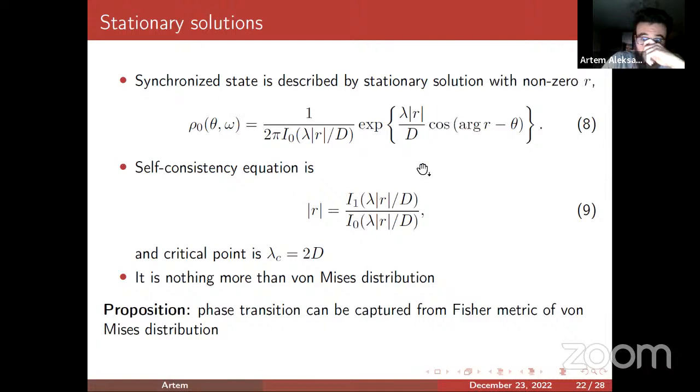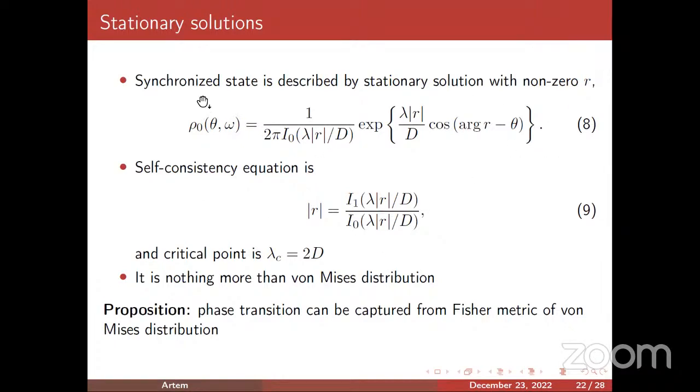And the stationary solution is given by this expression. And I can find the self-consistency equation, which is quite simple, and I can also find the critical point. The critical point lambda critical equals D.